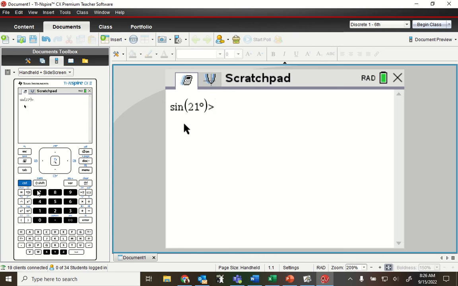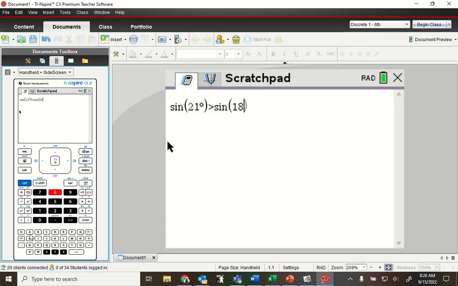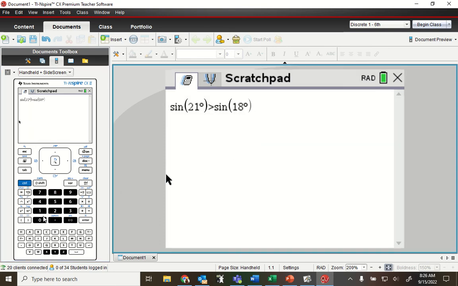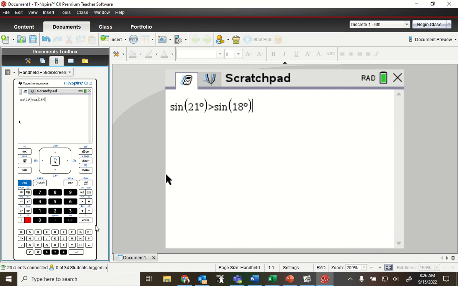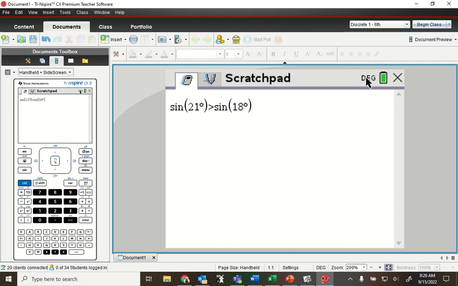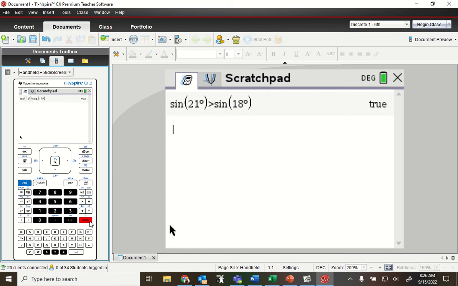All right, greater than, so the next one's going to be sine 18 degrees. What else do I have to make sure of here? Look at my calculator. The mode. My mode has to be in degrees. So let's click on that. There we go. And I'm going to hit enter. Unreal calculation. Bring it over so we can show you what's wrong.